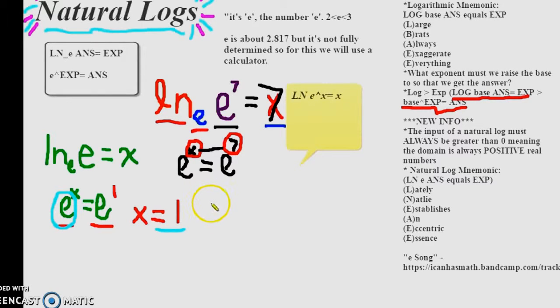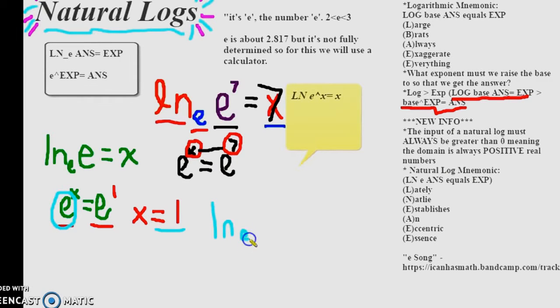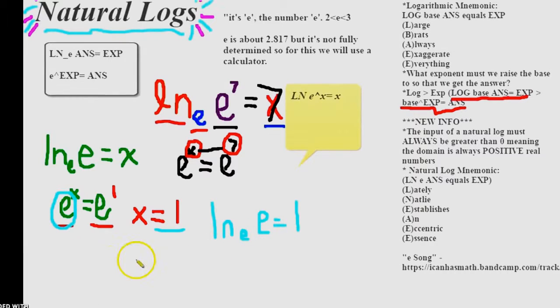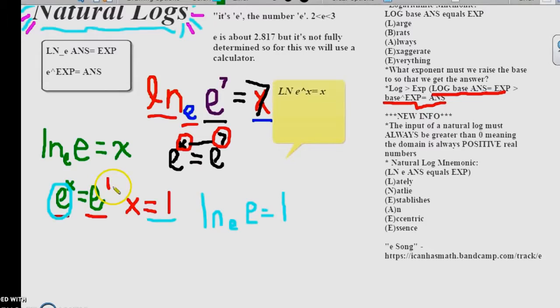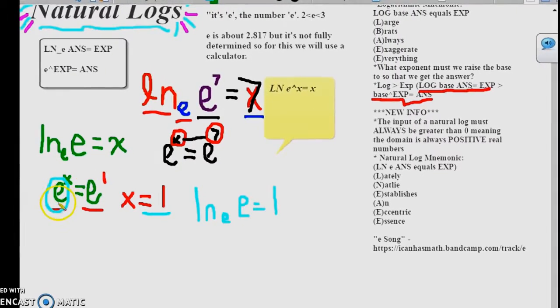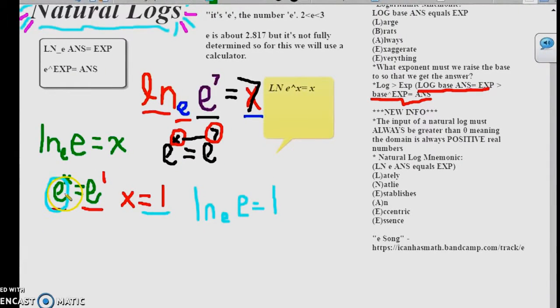So the natural log of e with the base of e equals 1. And you can check that. e to the 1st power would just give us e.